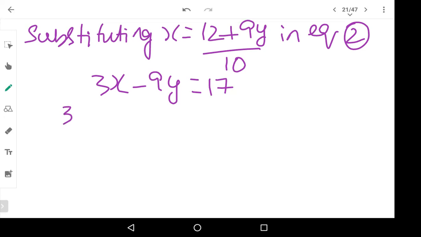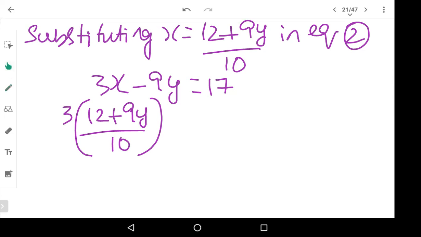So 3 into 12 plus 9y by 10. What am I doing? I am substituting the place of x with the expression here, that is 12 plus 9y by 10. Minus 9y is equal to 17.